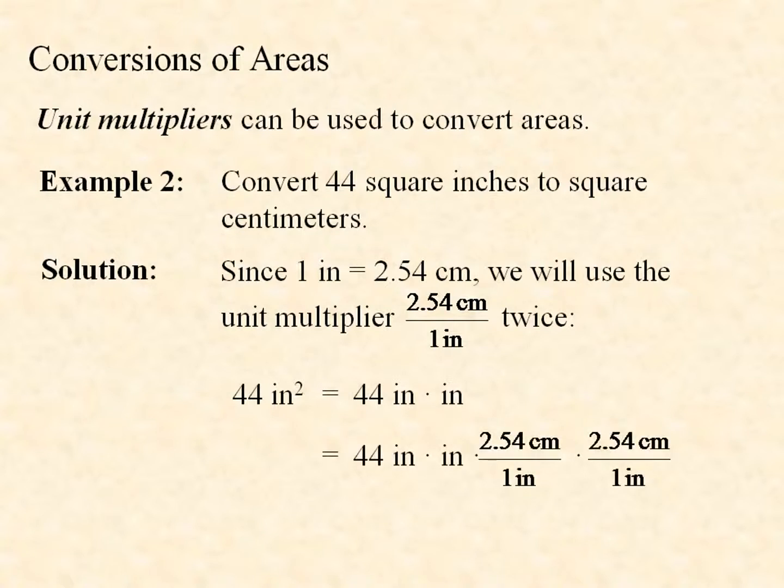And if we use the unit multiplier, the inches cancel each time we multiply by the unit multiplier. So we're left with 44 times 2.54 times 2.54 square centimeters. We're not going to multiply this out. The point is that you have to use the unit multiplier twice in order to cancel the square inches.